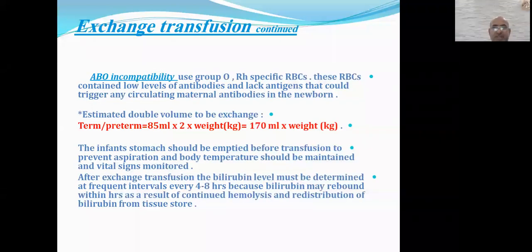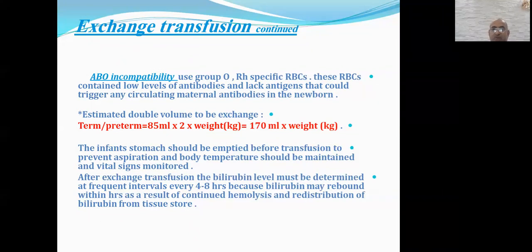Your question regarding the type of the blood? Yes, about the type of blood. Yes, I read it. We can use O Rh-specific RBCs or blood group O of the mother with Rh-specific RBC. These RBCs contain low level of antibodies and lack antigens that could trigger any circulating maternal antibodies in a newborn.